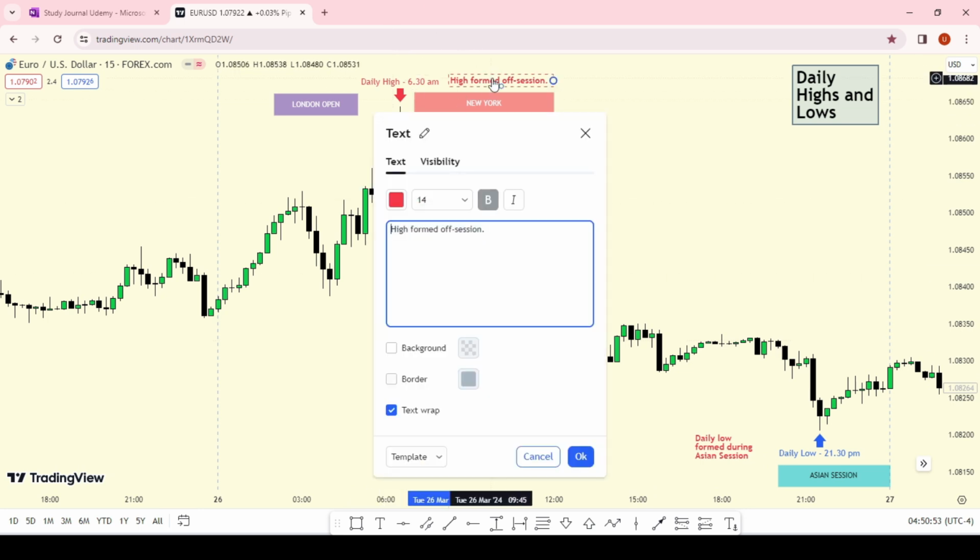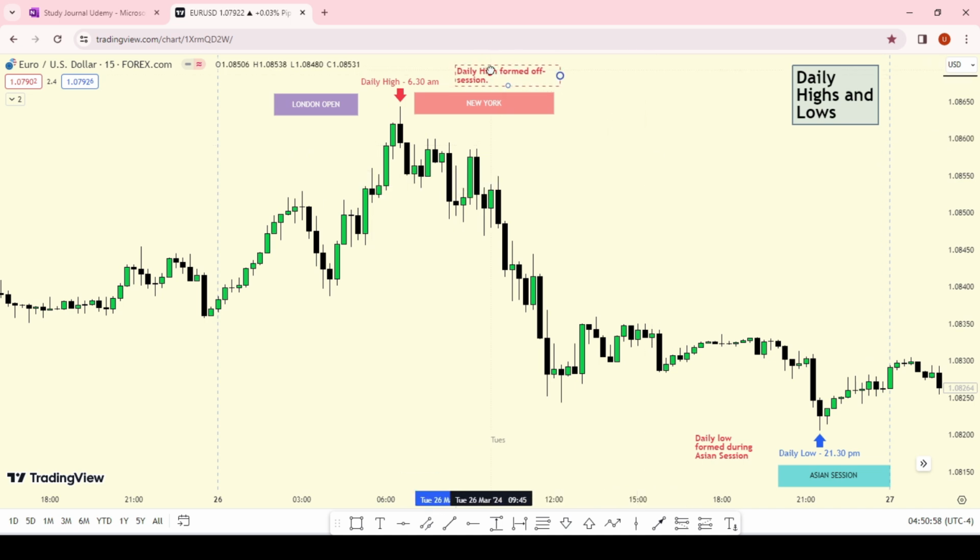Those are the major things that you need to be concerned about in terms of the daily highs and the daily lows, and that's what you need to annotate. You need to do this every single day. Once the market has closed, this is the exercise you need to be doing every single day, and you're going to start seeing a pattern that is going to be repeating, because the daily highs and the daily lows will typically form during either the London session or the New York session, majority of the time.